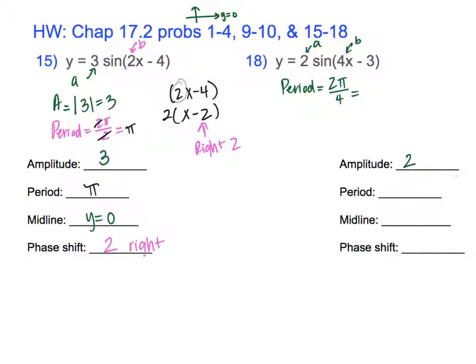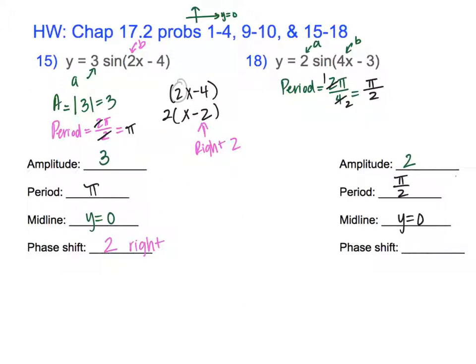If I reduce this, 2 goes into 2 one time, 2 goes into 4 two times, so the period is pi over 2. There doesn't seem to be a vertical shift here because there's no plus or minus sign outside the parentheses, so the midline is still at 0.